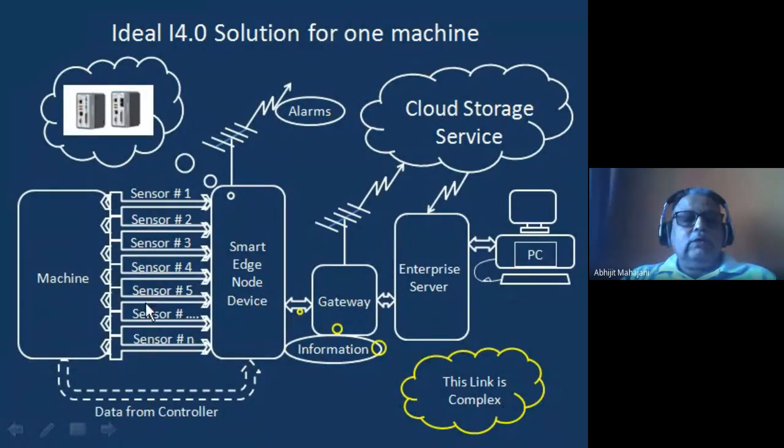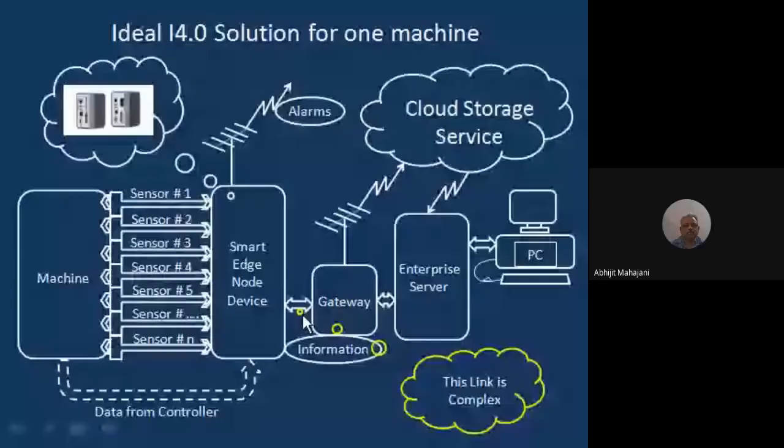You put additional sensors, and you sense that data too, and then analyze that data, convert it to information, and give some kind of alarms. And then you have an array which connects everything together, and it goes to your enterprise server or cloud storage or whatever. This link in between is quite a complex thing.